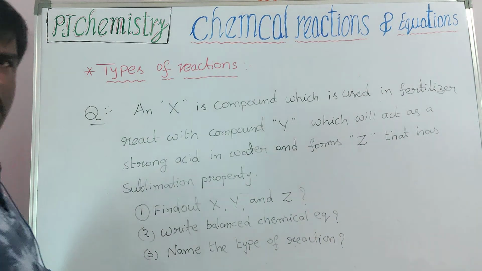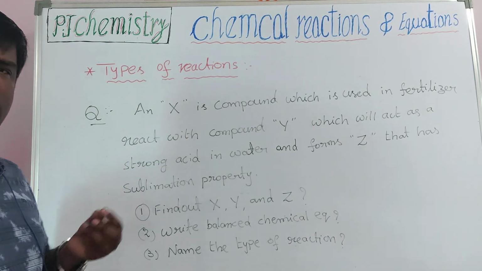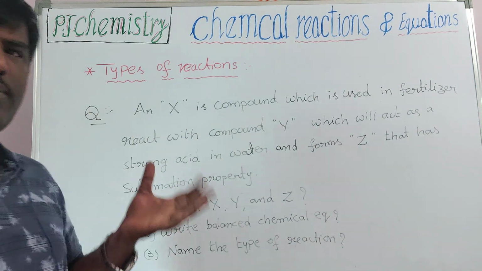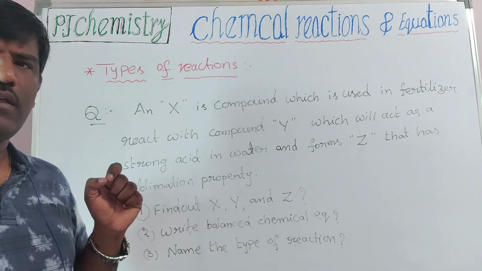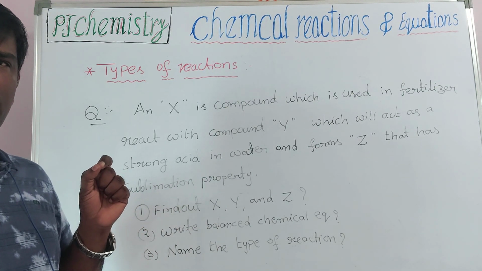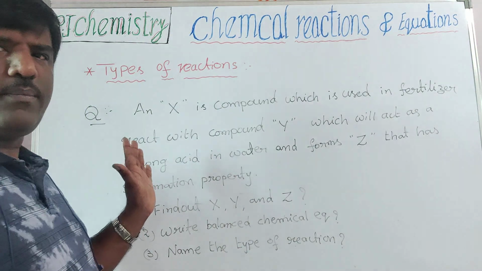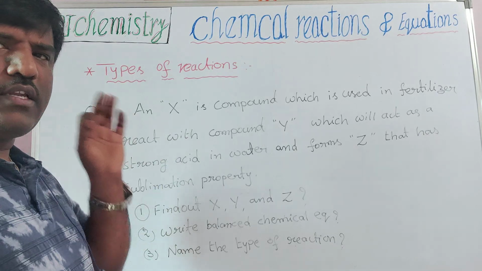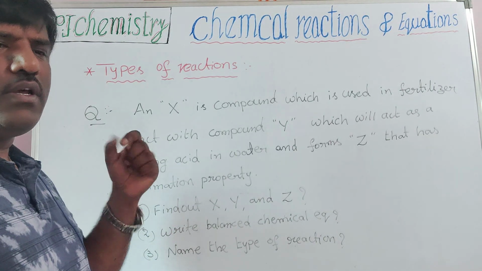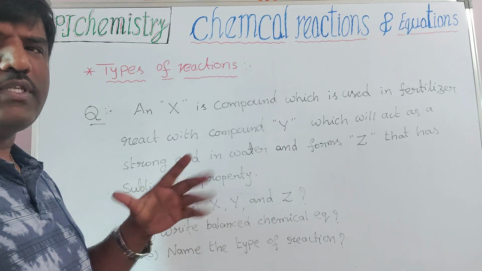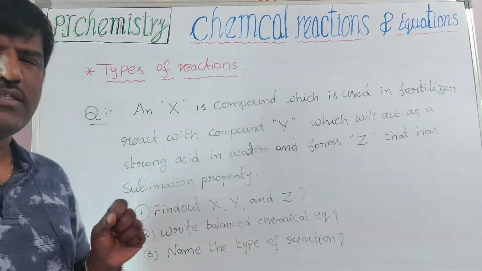Observe, children. I am just taking a simple example for you, but any example you should think of as a 5 marks question. You should practice. If you take a simple example and neglect it, you will be in a very dangerous position, especially in 10th class.